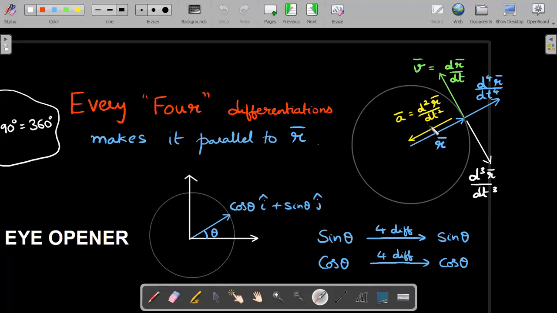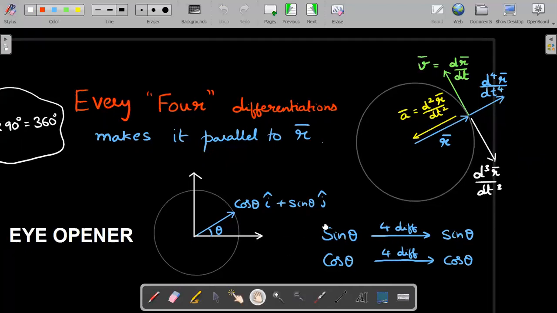You can keep differentiating this. That's the whole idea of this video, right? So if you differentiate this d2 r bar by dt2 further, you would end up getting d3 r bar by dt3, which is again in the anti-parallel direction to velocity, and that would be the 90-degree rotation. And further, one more differentiation, the 4th time, you'll end up getting parallel to r bar.